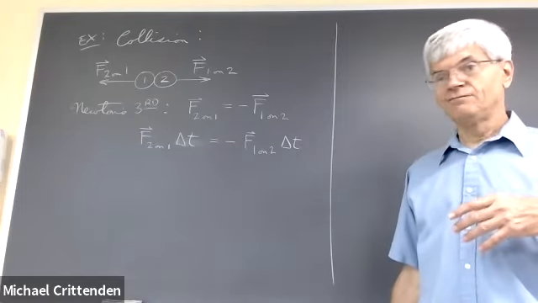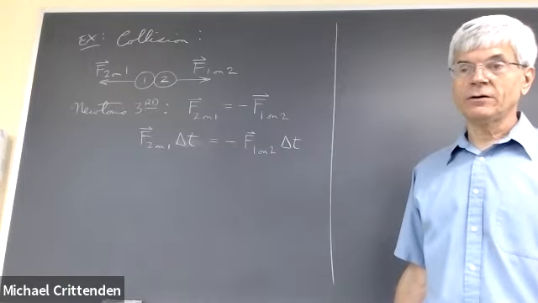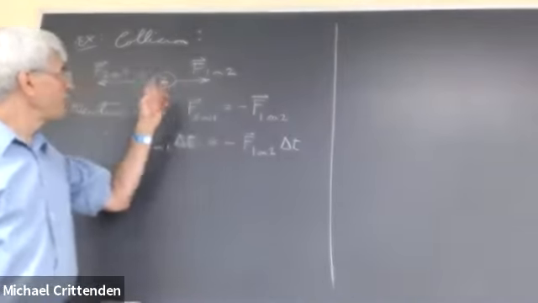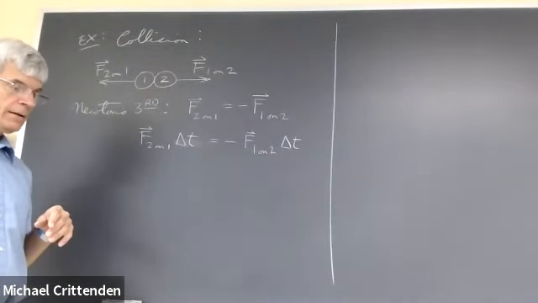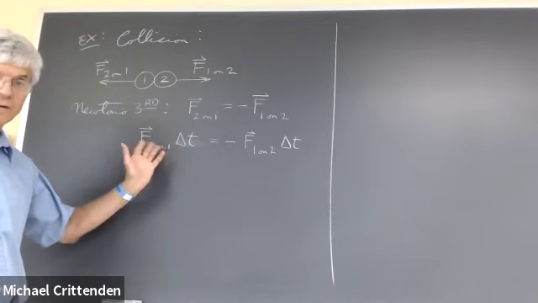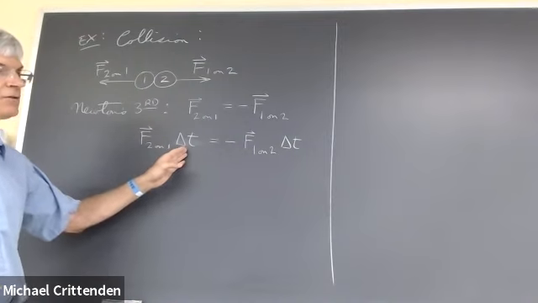If you want to oversimplify what's going on during the collision and think of a constant force, then delta t would be the duration of the collision, how much time the collision lasts.